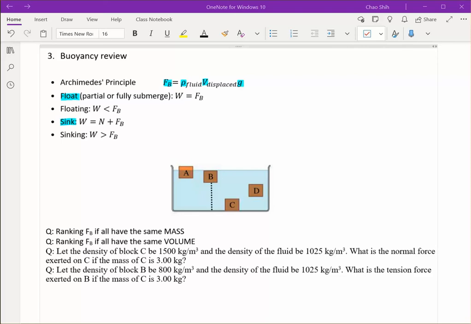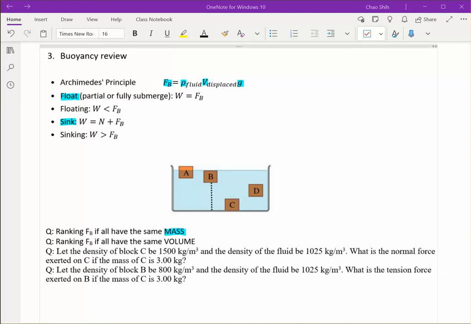Let's look at the first situation, in which you have the same mass. If they have the same mass, it tells you it's the same weight, because the weight is equal to mass times g.